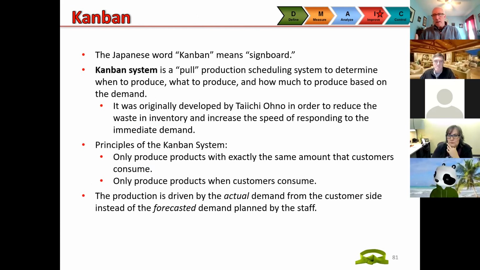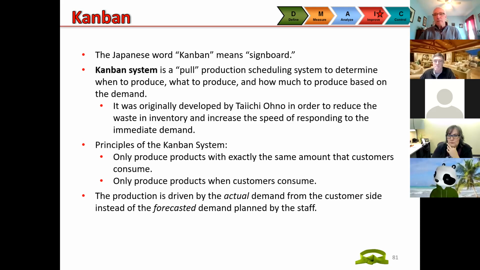And the idea there is anything that goes out the door, that's what they replenish, right? If 100 cans of Campbell's clam chowder goes out the door, that's what goes back on the shelf. Not 150, not 20, not 10. So it's replenishment based on consumption.